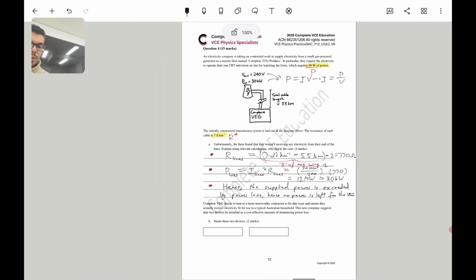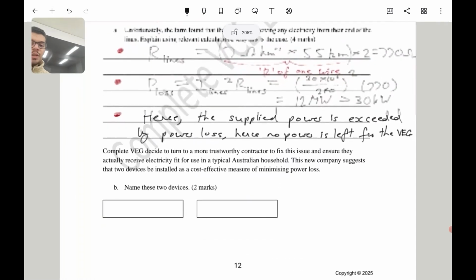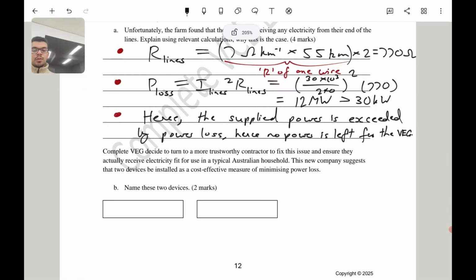Let's move on to the next one. So Complete VEG decides to turn to a more trustworthy contractor to fix this issue and ensure they actually receive electricity. This new company suggests that two devices could be installed as a cost-effective measure of minimizing our power loss. Name these two devices.